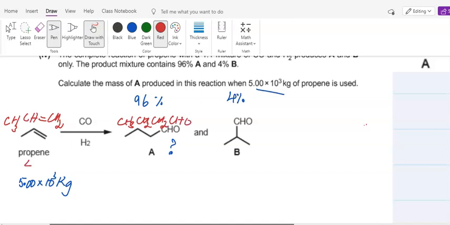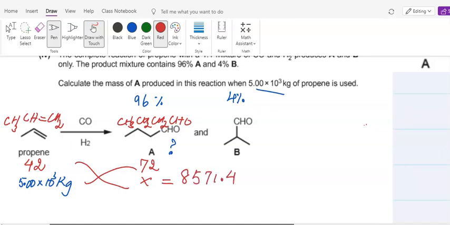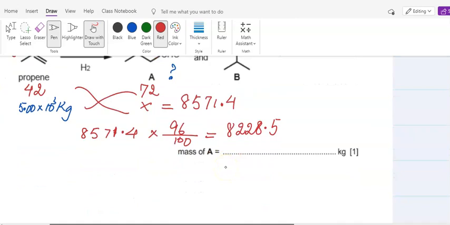So the molar mass of propene is 42 and the molar mass of A is 72 grams. Now calculate through the ratio method, and you get 8571.4, and you need 96% of this mass. 96 divided by 100 times 8571.4, and your answer is 8228.5, and this is the mass of A. So you can write it as 8229.